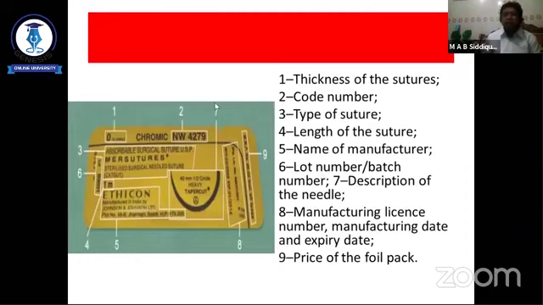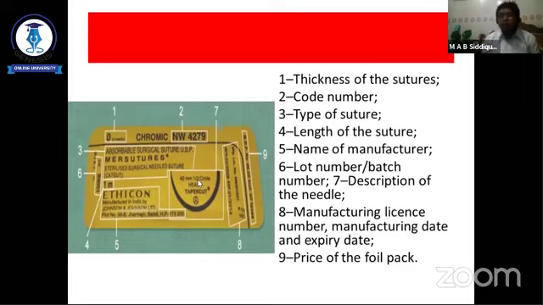Look at this picture. This is the indicator of the thickness of the suture. Here you see the number one, the thickness. The zero means 10. If you see 10, 20, 30, 40, that means the number of zeros is increasing, and that indicates the diameter of the suture material is decreasing.